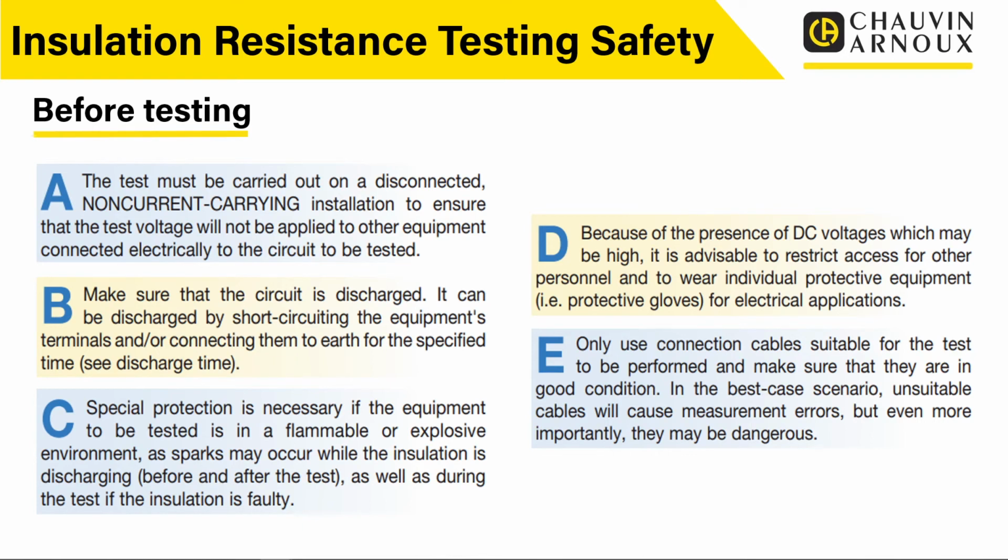We're only talking very small currents, but obviously the level of voltage there is enough for an electric shock. So you could actually get an electric shock from these circuits. They could be dangerous. So it's very important when we carry out insulation resistance testing that we consider that we are applying dangerous levels of voltage to the installation or to the equipment under test.